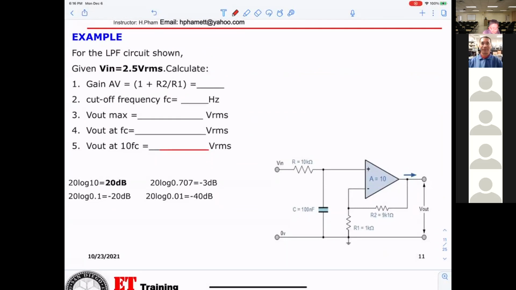For the LPF circuit, that means this circuitry here, the input voltage is 2.5 volt RMS. They want to know what the gain is for this circuitry. Okay, so go ahead and calculate. Who gets the answer, let me know.